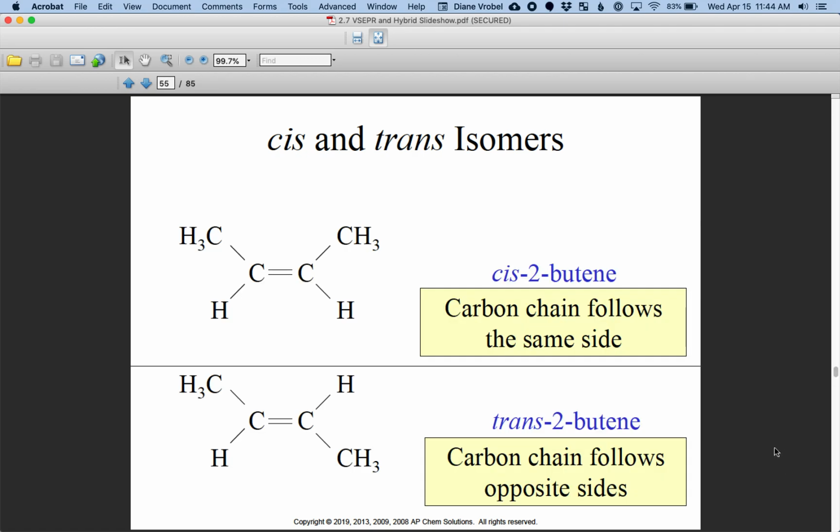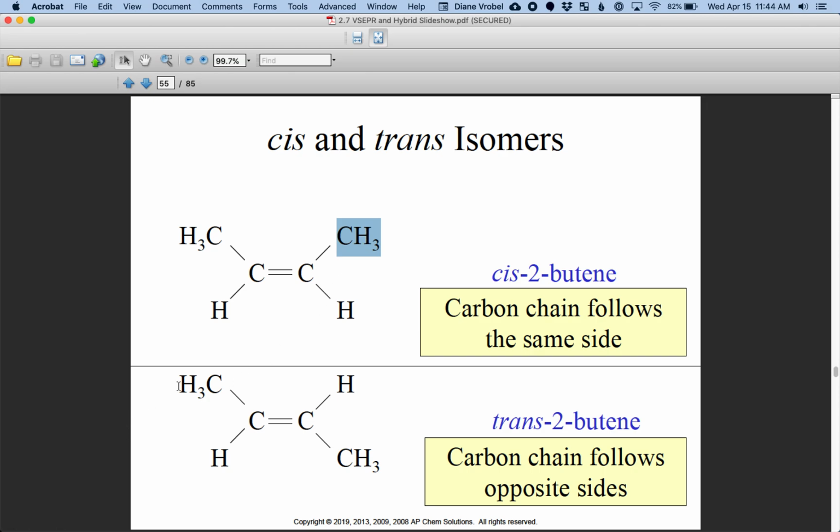So here is an example of cis and trans. Notice that the CH3 substituents that are on the ends of these molecules, they're both facing one direction, and that's what we call cis. So cis, they are forming a molecule where the two substituents or the end chains are on the same side.